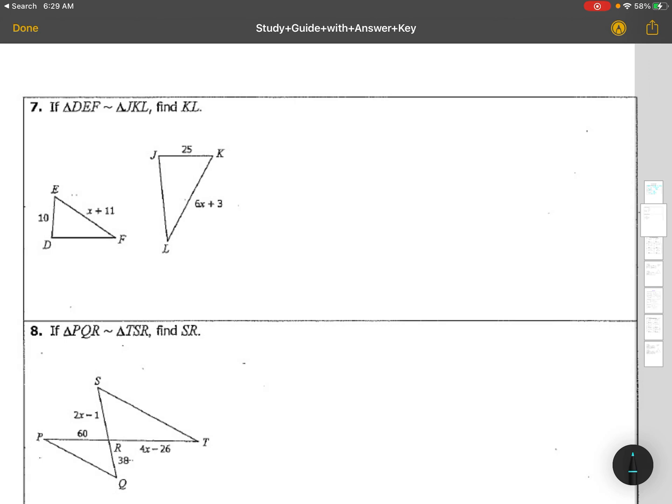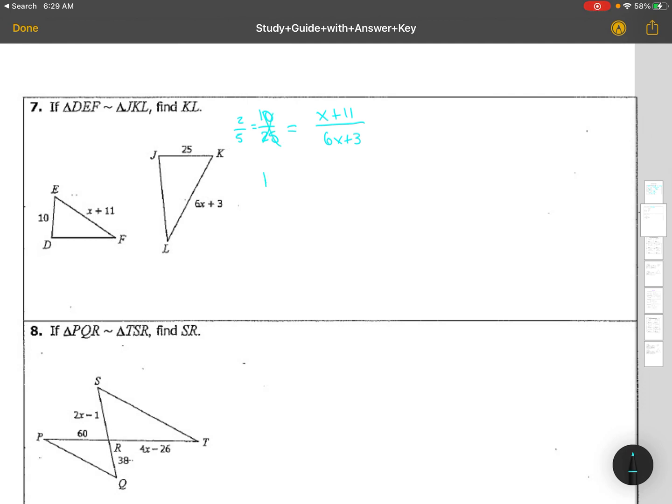Number 7 is the same kind of problem. So we have DE and JK, so that would be 10 divided by 25 equals x plus 11 divided by 6x plus 3. So this 10 divided by 25 simplifies to be 2/5, so we don't need that anymore.